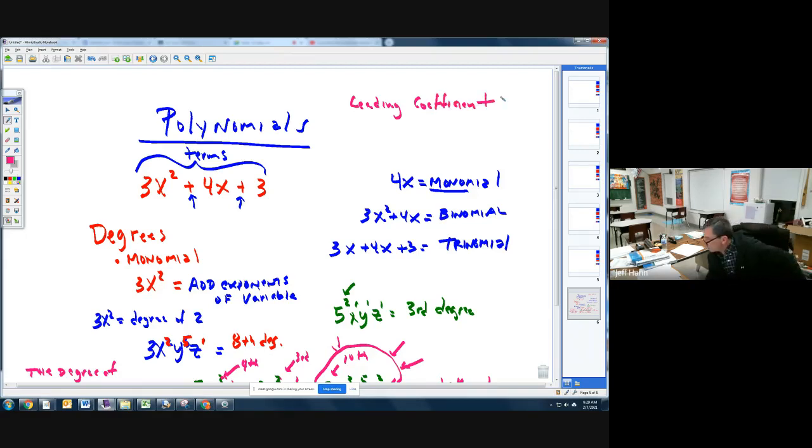The leading coefficient is simply the number in front of the highest degreed term.